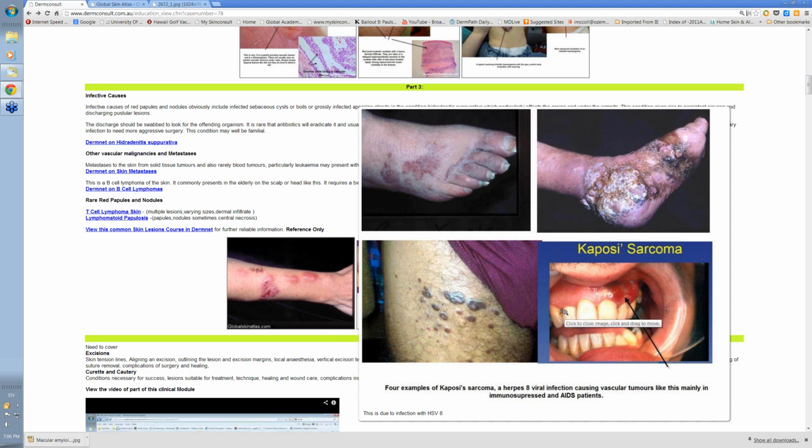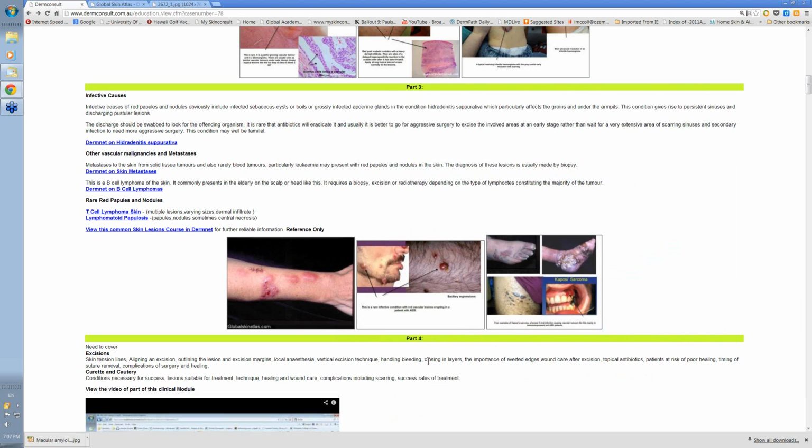The morphology variations in Kaposi's is quite remarkable. Bruise-like lesions, verrucous lesions, flat plaque patches on the skin, large nodules. So a little bit about Kaposi's.